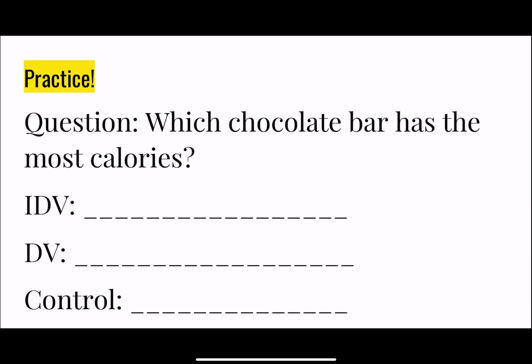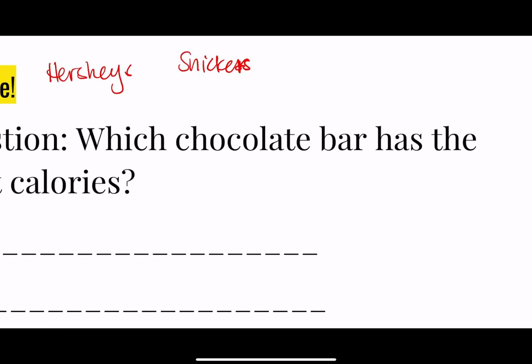So let's take a look at this scenario. Here's a question: which chocolate bar has the most calories? It doesn't sound like an experiment, but it is. It's an explorative experiment. So let's say you have a Hershey's bar, a Snickers bar, and, let's see, Reese's is not really a bar, but I can't think of anything else.